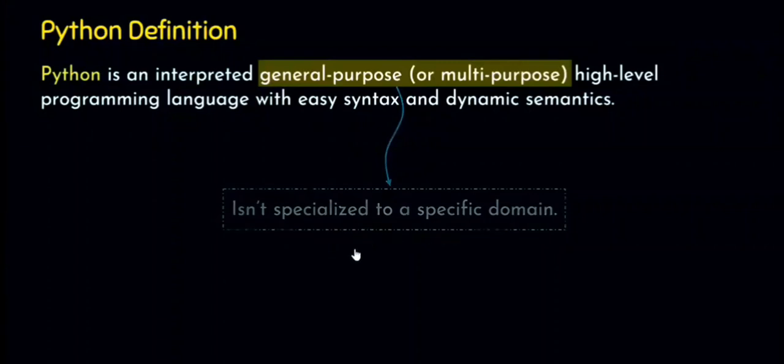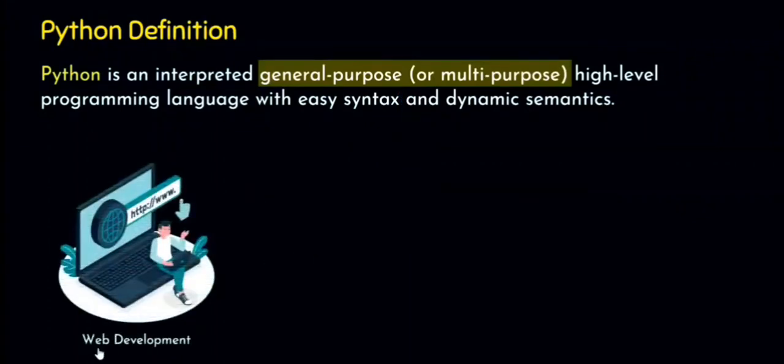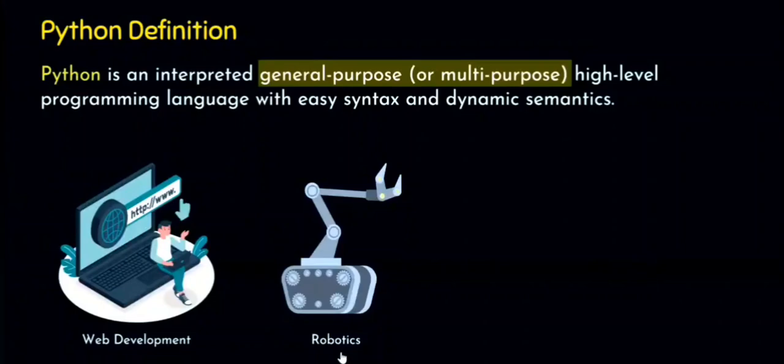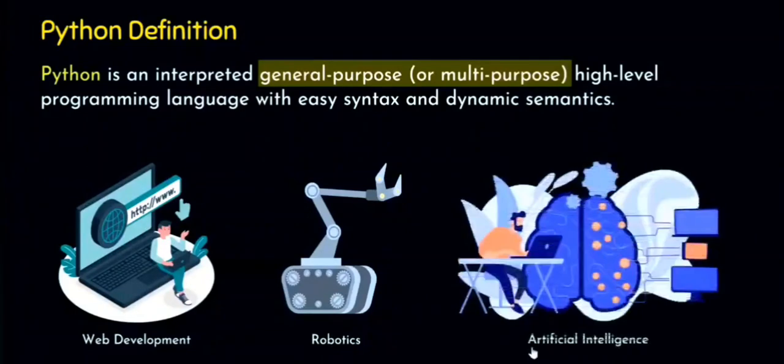For example, we can use Python in web development. We can create web applications using Python. Not only that, we can use Python in robotics to create intelligence for robots. Other than this, we can use Python in artificial intelligence to create artificial intelligence applications. There are a lot of other applications as well.